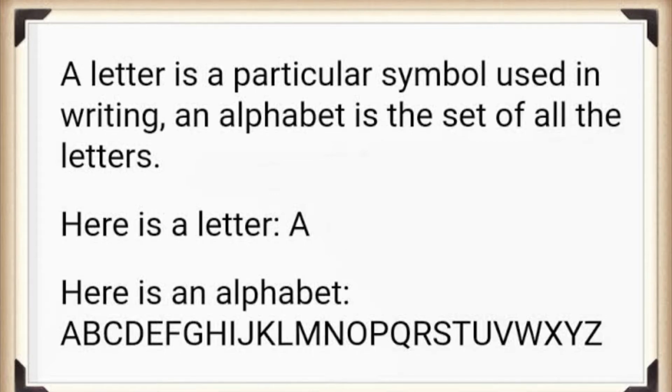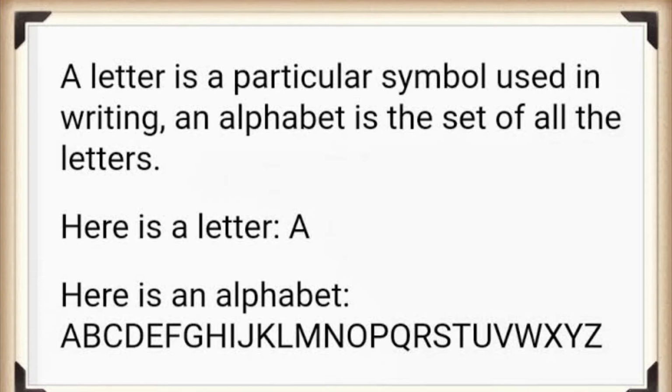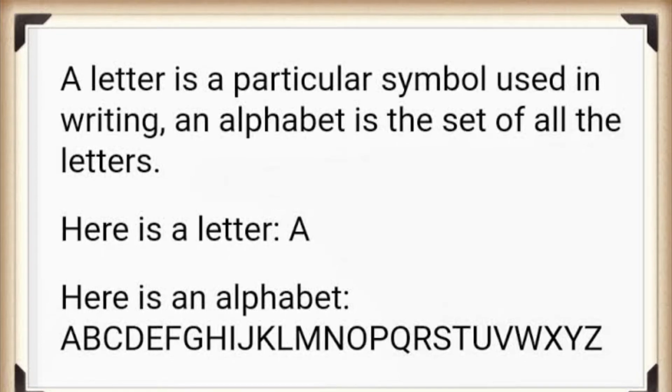And if we talk about the alphabet, it is a set of letters from A to Z: A, B, C, D, E, F, G, H, I, J, and so on. So a letter is a particular symbol used in writing, and an alphabet is a set of all the letters.